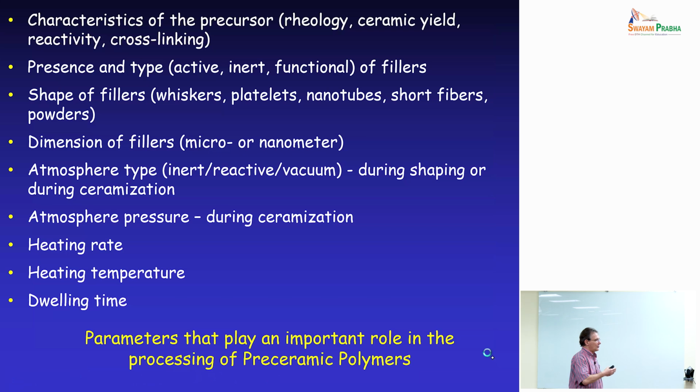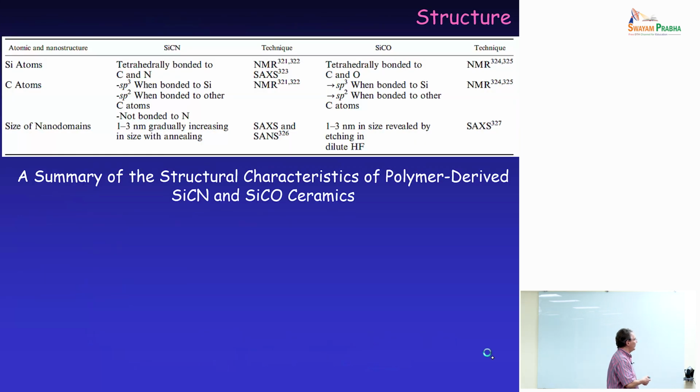And this applies to any type of technology that you use for shaping. And this also, of course, is related to the use of additive manufacturing. So the characteristic of the precursors, the presence of fillers, I will mention something later, the shape of the fillers, dimension of the fillers, the type of atmosphere, the atmospheric pressure, heating rate, heating temperature, dwelling time.